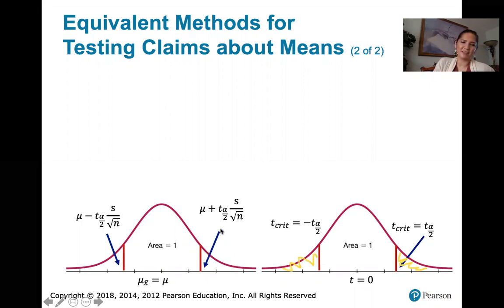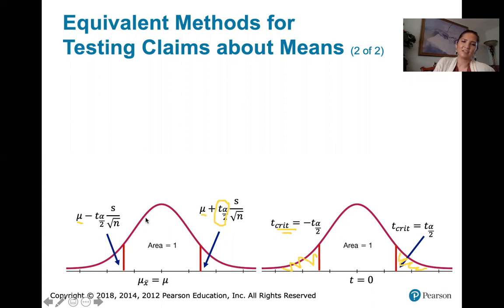Now, it's not as obvious what's happening here. This is a sampling distribution of the sample means. So what this is saying is that X bar is between the true population mean, which is unknown, minus this error, and the true population mean plus this error. Notice the error is calculated using that estimated standard deviation of s over the square root of n, and the t sub alpha over 2 here is the same as the critical value of t over here.